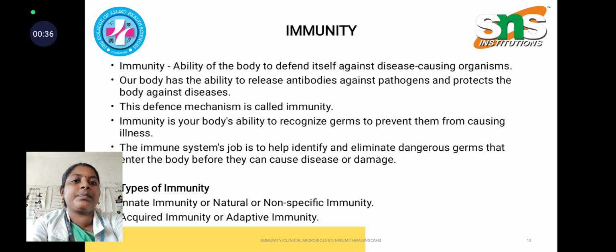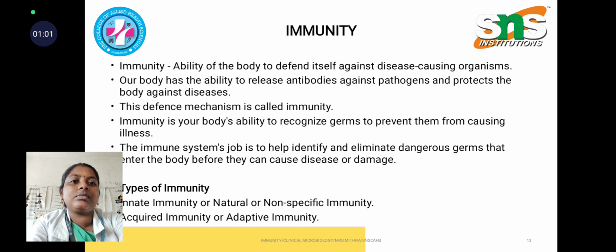When attacking antigens enter into the body, the immunity power just kills them rather than causing diseases. Our body has the ability to release antibodies against antigens or pathogens, and it thus protects the body against several diseases.